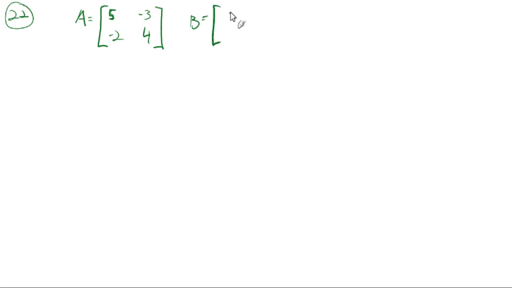Now, let's go on to number 22. And for 22, A is going to be this matrix. B will be this matrix.